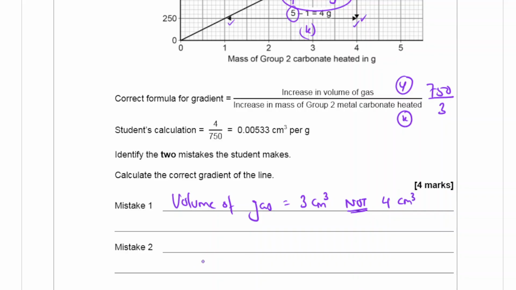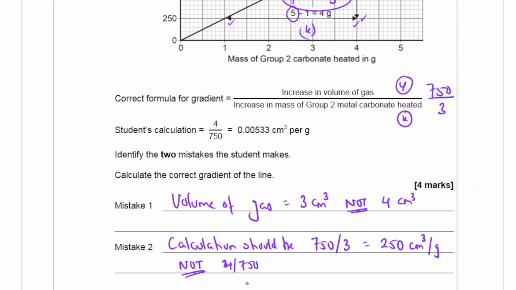Mistake 2, the calculation should be 750 divided by 3 to give 250 centimeter cube per gram, not 3 or 4 over 750.